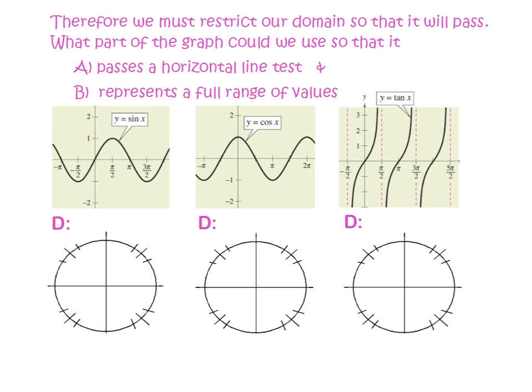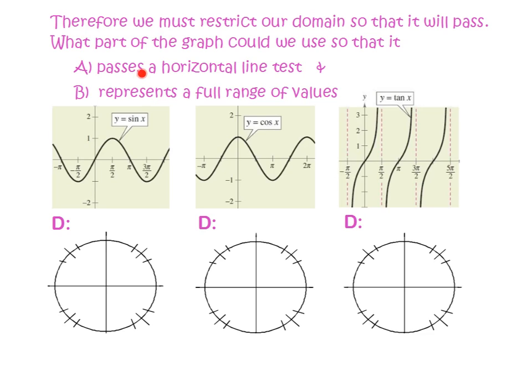What we do then is we restrict our domain so that it will pass that test. In other words, we're just going to pick a part of the graph that would pass that. So there's two things we have to make sure of. We have this nice wave, and we're going to pick a piece of it and use only that piece.